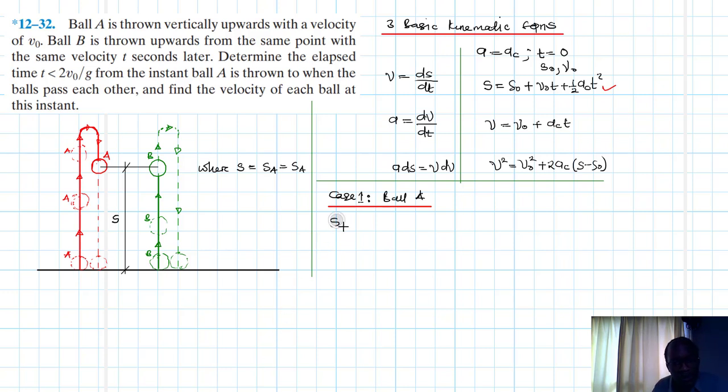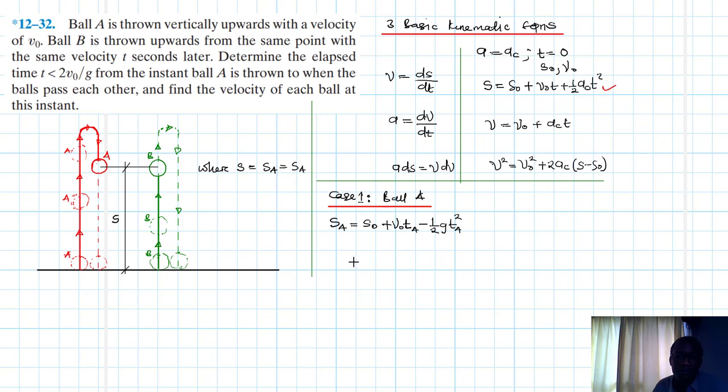So we have the displacement SA equal to S naught A, but they are all starting from the same point, and then we have plus V naught, and V naught is the same at this point, times T, so say TA, plus, instead of putting a plus there, since G is minus, going up against gravity while gravity is coming down, we'll say minus half G TA squared.